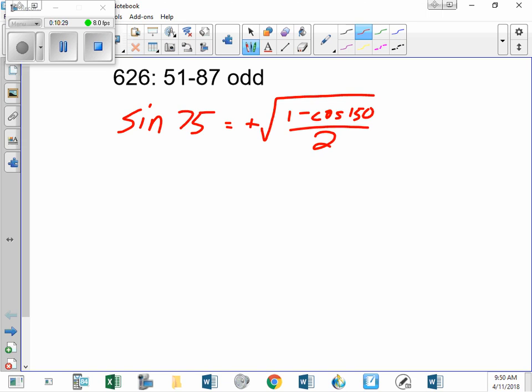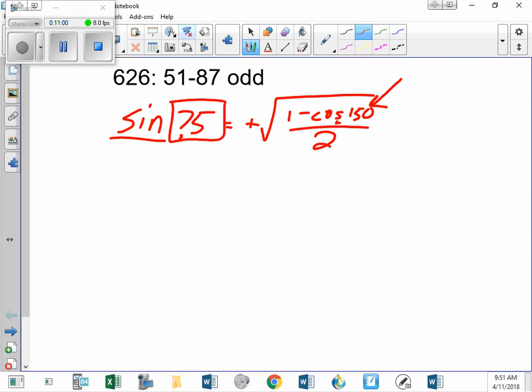The sign is determined by that. You look at which quadrant the angle is in, and then you identify if it's sine or cosine. This answer inside will use 150, but the final answer has to use the sine of this one.